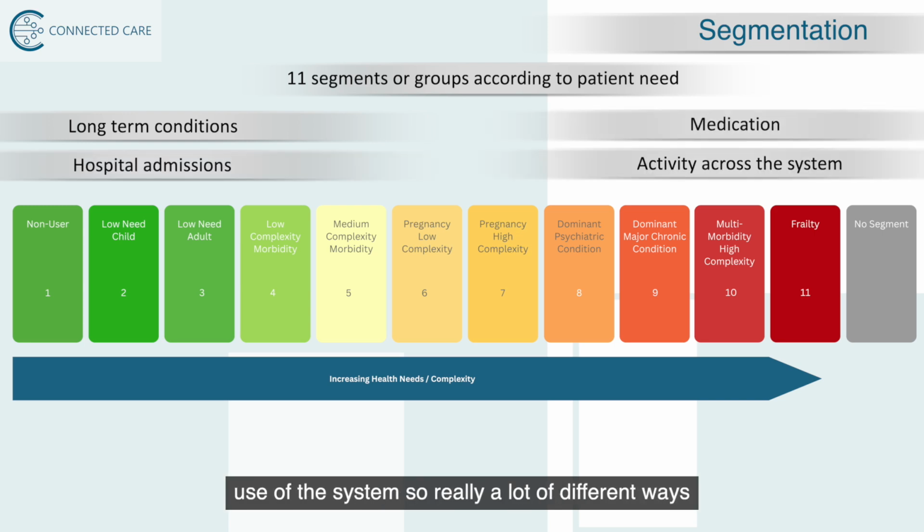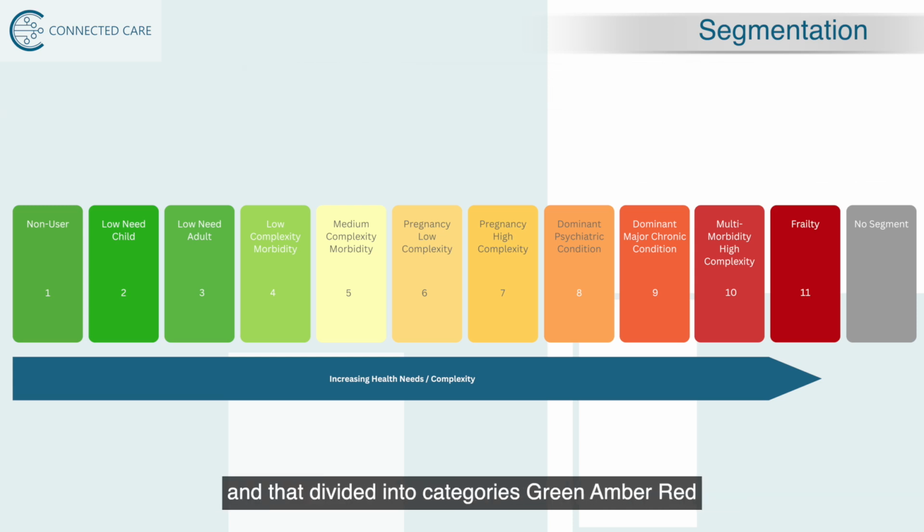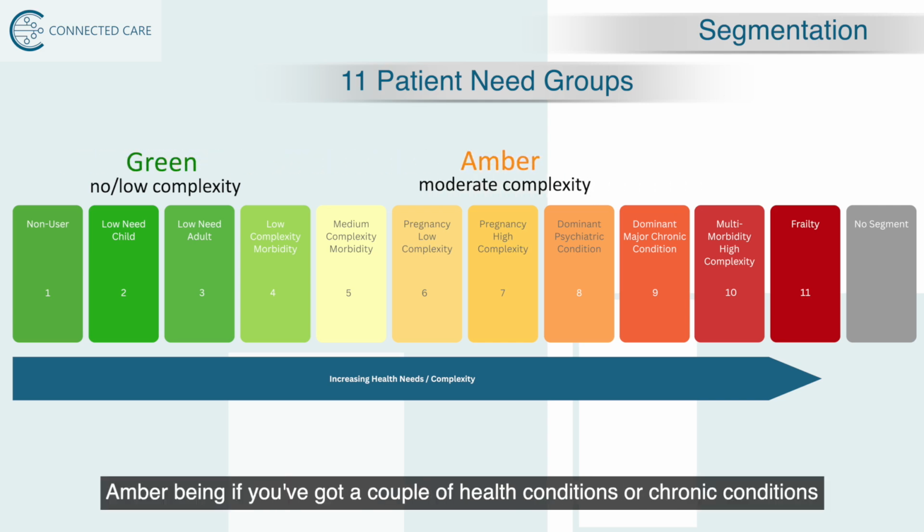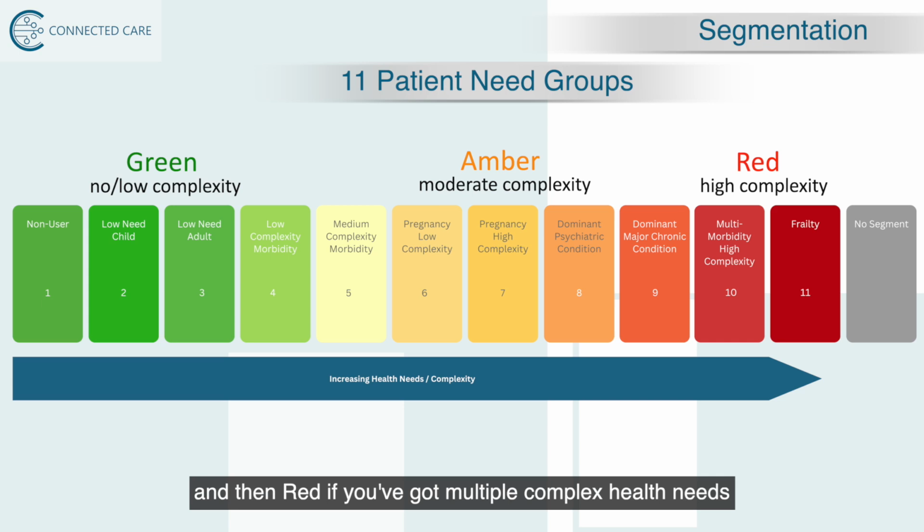So really a lot of different ways in which information comes in put you in a segment between 1 and 11, and that divided into categories green, amber, red. Green being your healthy population, amber being if you've got a couple of health conditions or chronic conditions, and then red if you've got multiple complex health needs.